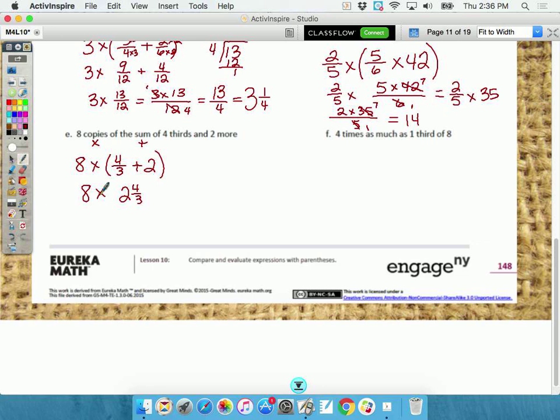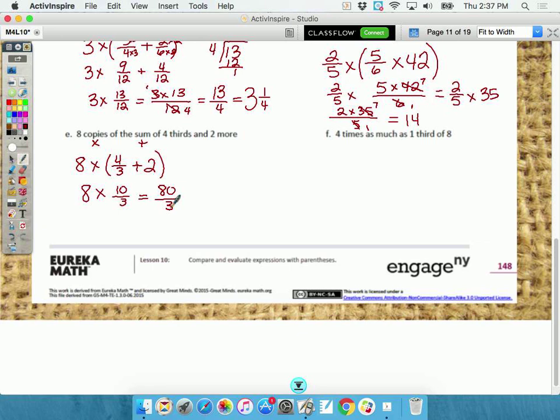So as an improper fraction, 2 times 3, what is that? Plus 4. 10. So 10/3. So 8 times 10/3 equals 80/3.